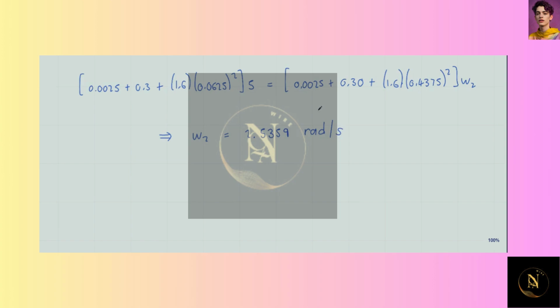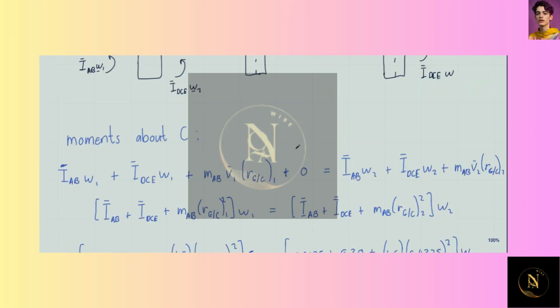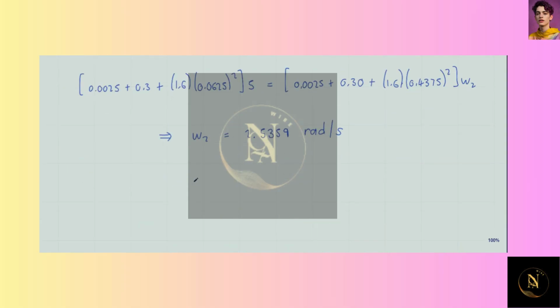So the angular velocity after the plastic impact of the tube against the end B is equal to 2.54 radians per second, and we've chosen the direction anti-clockwise.